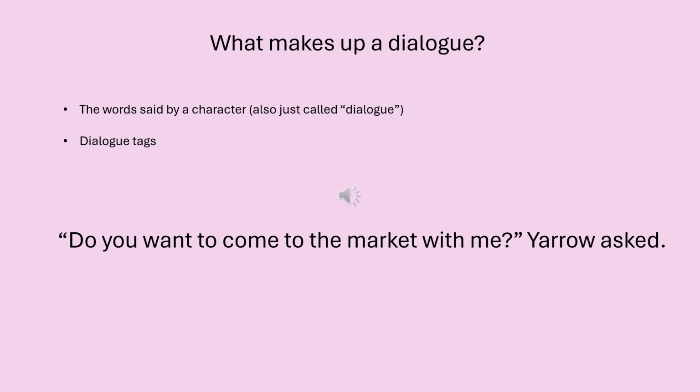It's going to be asked, it's going to be said, it's going to be grumbled or whispered or shouted or yelled or exclaimed or questioned or countered. Any of these verbs that describe someone speaking, talking, or making other verbal noises that then convey words.